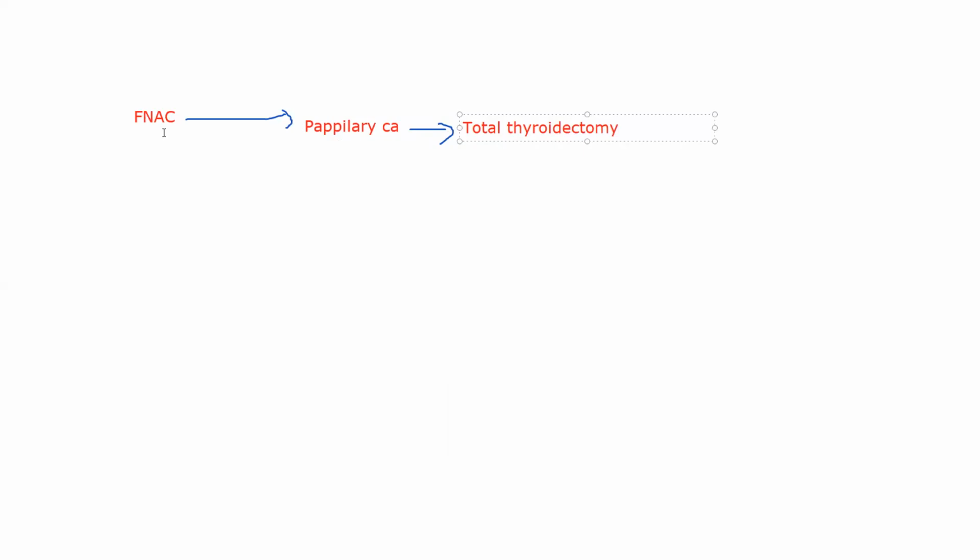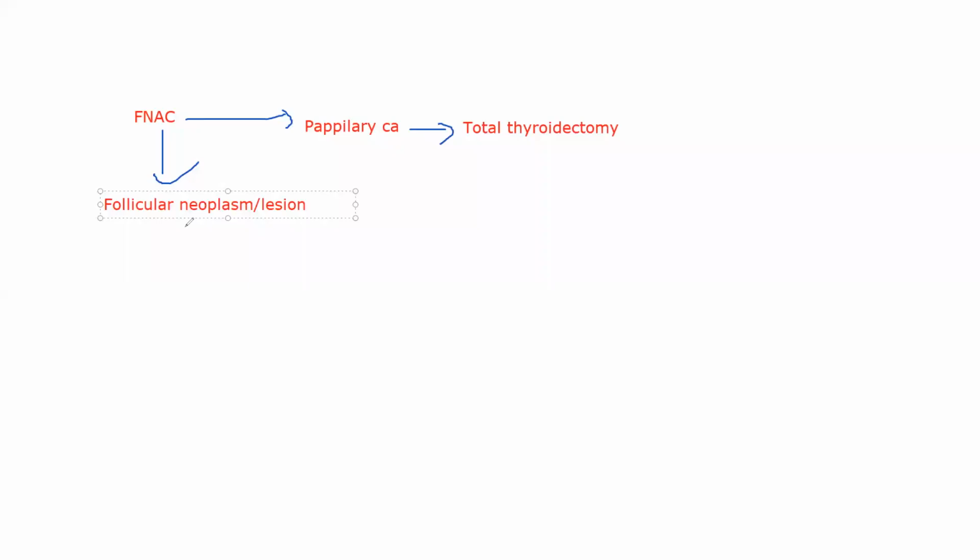If the FNAC comes back as follicular neoplasm or lesion, we need to differentiate whether it's malignant or benign.